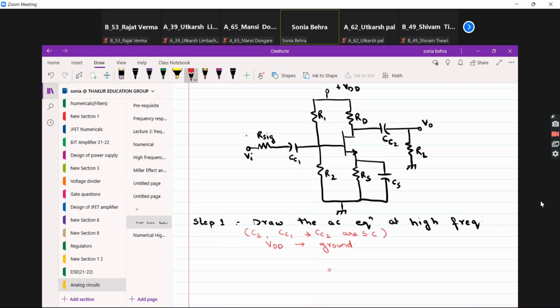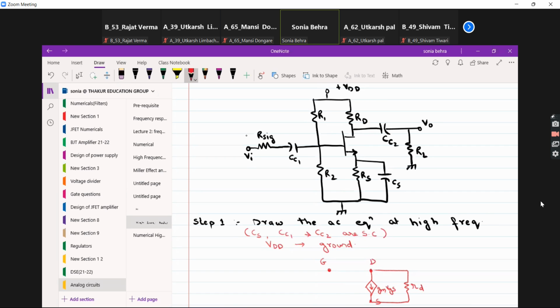So let me draw the 3 points for the terminals of the FET. This is your gate terminal, drain terminal and source terminal. Between drain and source, there is a current source whose value is gm VGS, and there is a resistance also, which is small rd.